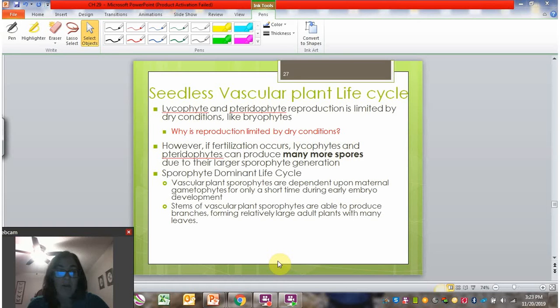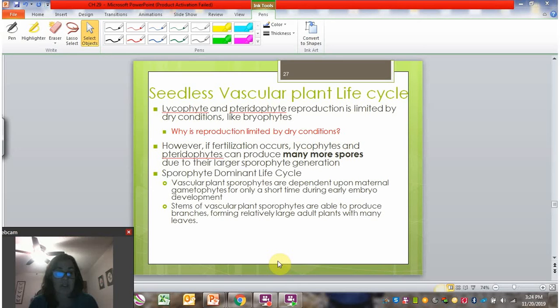That requirement still exists for the seedless vascular plants. So ferns and horsetails and the Lycopodiophyta all require external water for the sperm to travel to the egg. And so that's why you don't find these plants living in really dry climates.